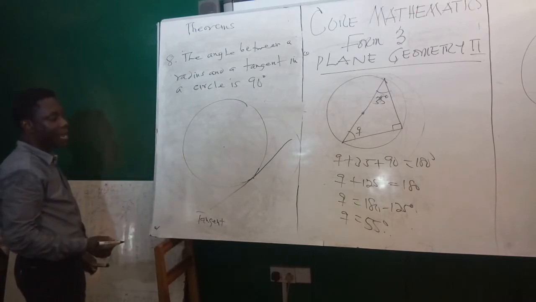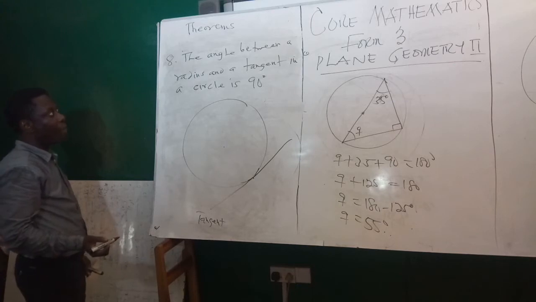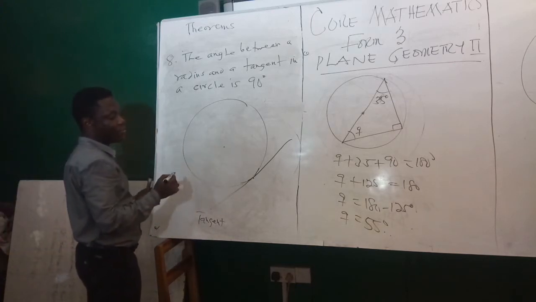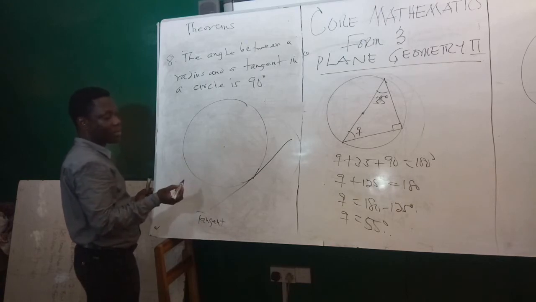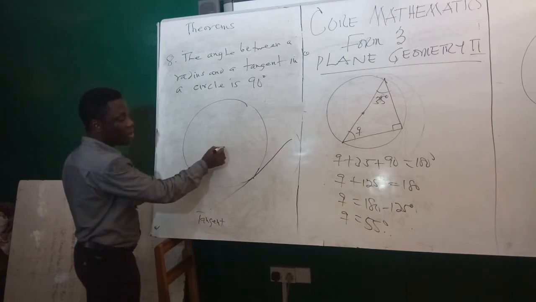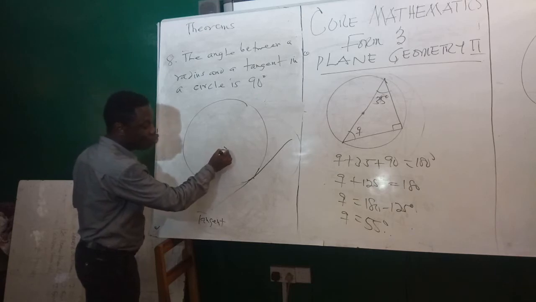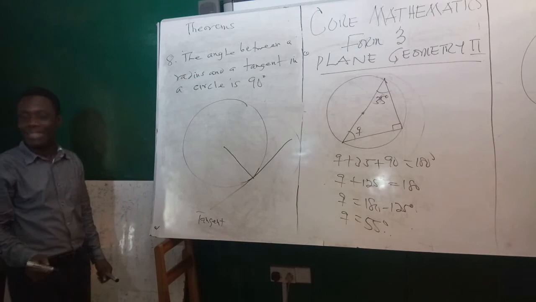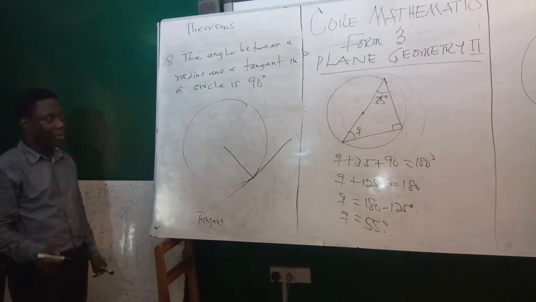I've already mentioned radius, which we said is any line from the center to any part of the circumference. But this time, we want the radius to be from the center to the circumference at the point where the tangent also touches the circle.